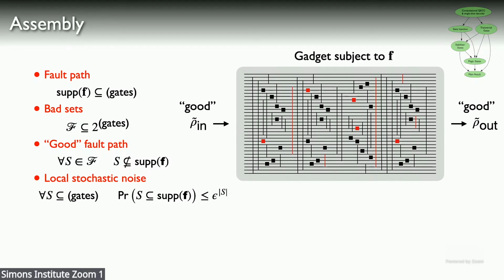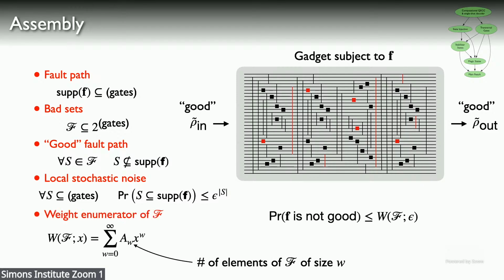And our noise model, the precise notion that we mean of local noise, is what we call local stochastic noise. And this is just that for any given subset of gates, the probability that the fault path contains that subset is exponentially small in that subset size. And so what we can do is associate these set families of bad sets to a polynomial that we call the weighted numerator polynomial for this family.